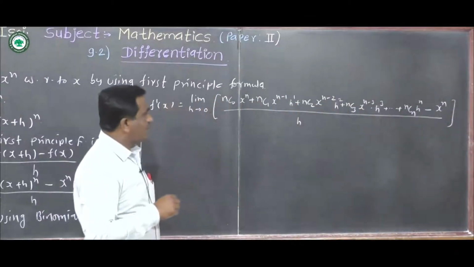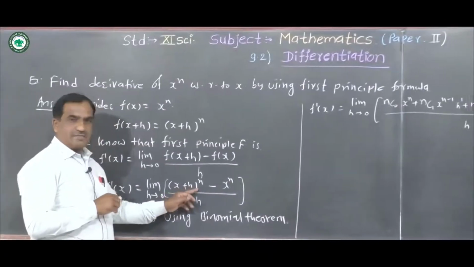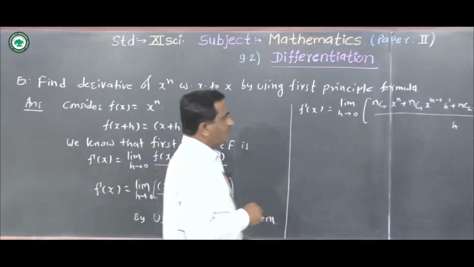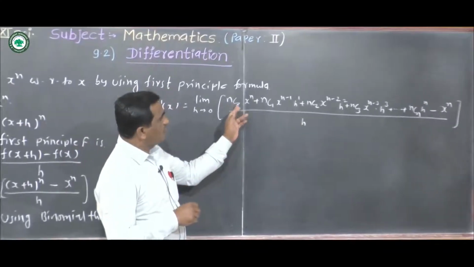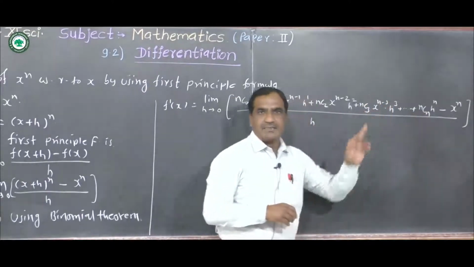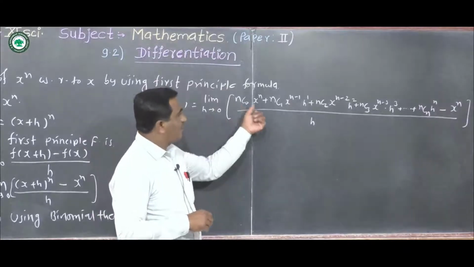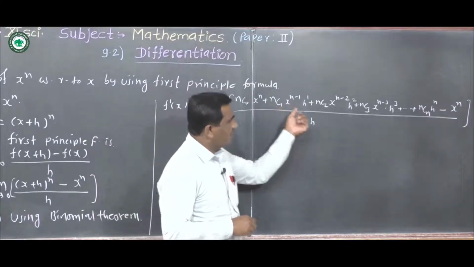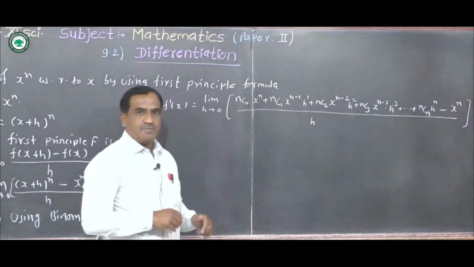Okay, now this is the expansion using the binomial theorem for the term (x plus h) raised to n. Now here we can write the values of the coefficients nC0, nC1, nC2, nC3 and nCn. These are the binomial coefficients. Now we know that nC0 is equal to 1, nC1 is equal to n, and nCn is equal to 1 by properties of combination.